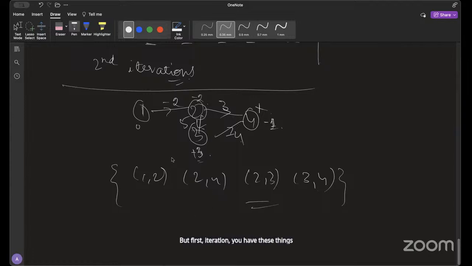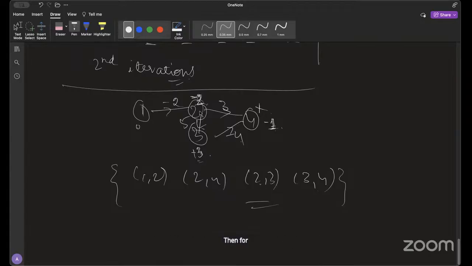And then at the second iteration, you start again from here. There's a 0 here. At the 1, 2 edge, you'll get a -2 here. At the 2, 4 edge, you'll have -2 plus 3 plus 1 here, but -1 is better, so let's just keep -1.